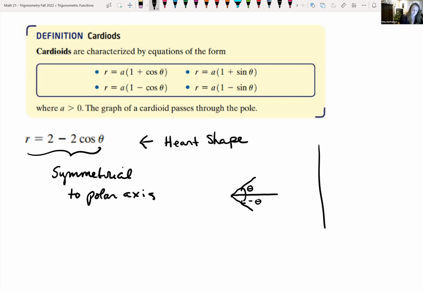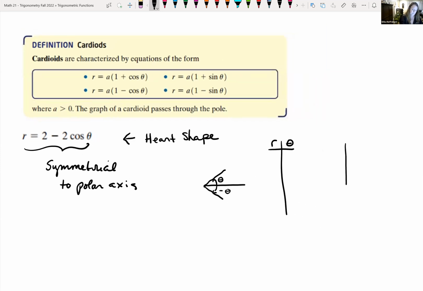So when I go about plotting points here, if r theta is a point, then I know r negative theta is a point. And so let's look at values that we kind of know. If theta is 0, then I know my r value is 2 minus 2, which is 0.